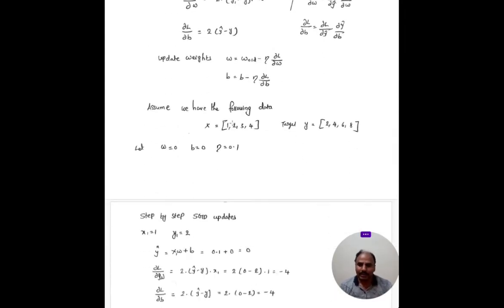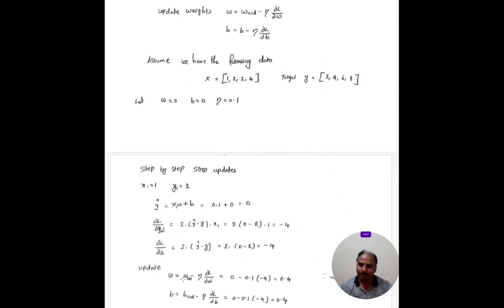Let us start. Taking x equal to 1 and y equal to 2, we substitute in the predicted model, y cap equal to x1 w plus b. Substituting, we get 0. Our actual output is 2, but our predicted output is 0. Subtracting, it is automatically non-zero. Therefore, we have to update the weights and biases, applying the gradient descent algorithm. For dou L by dou W, I substitute y cap and y: y is 2, y cap, our predicted output, is 0, and x1 is 1.